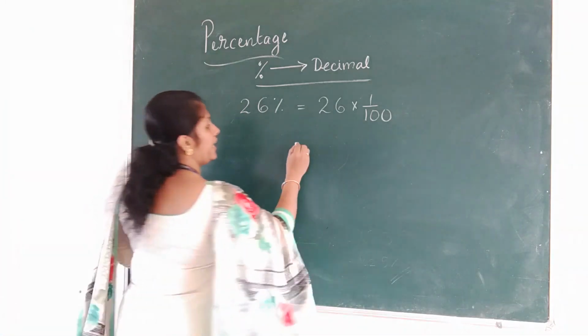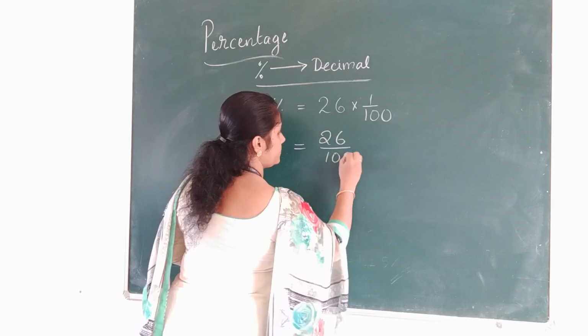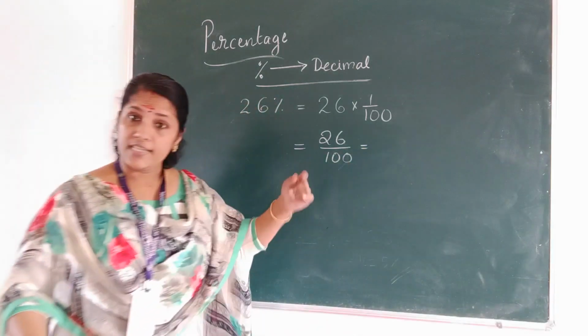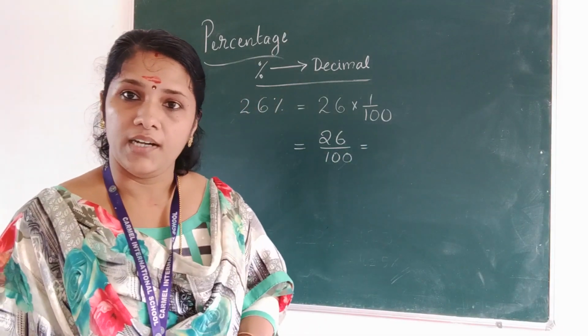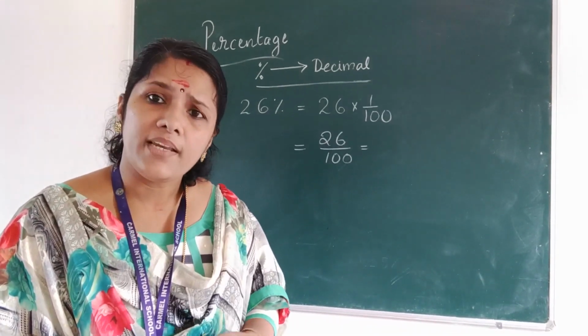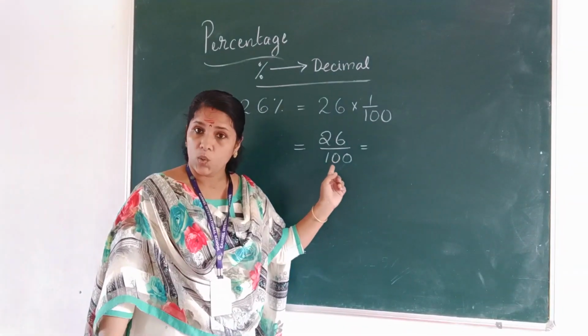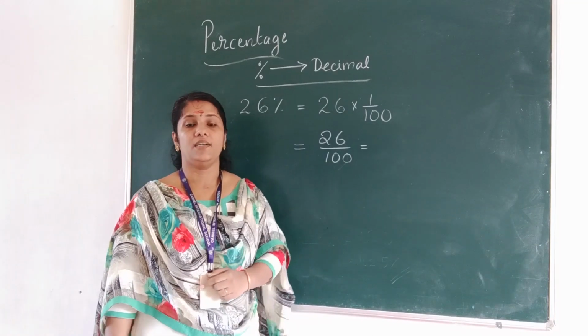This you can directly write as 26 by 100. We have learned how we can write this in decimal form, right? How many zeros are in the denominator? 2 zeros are in the denominator.